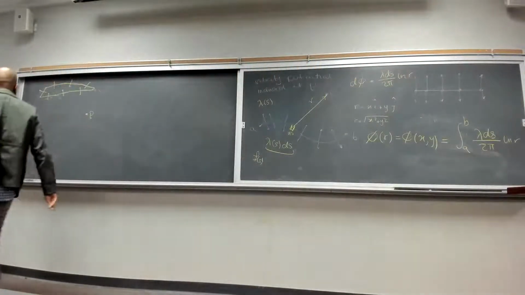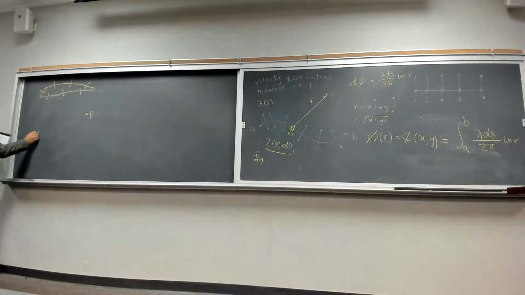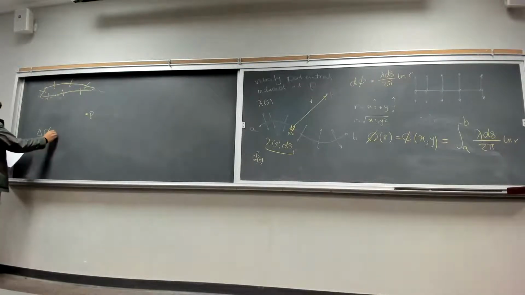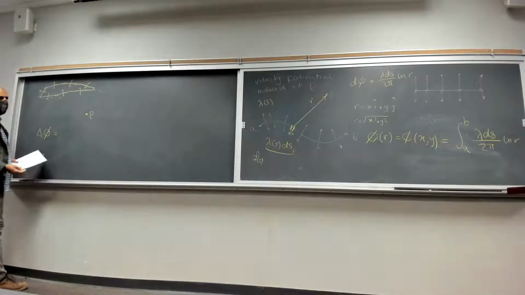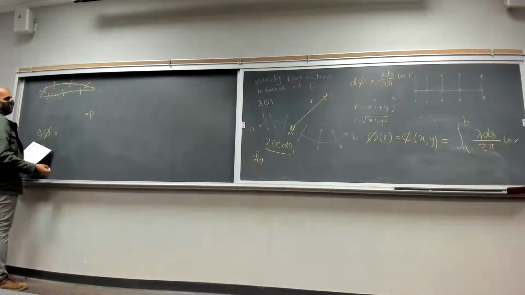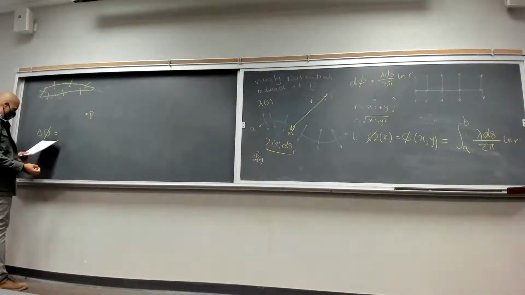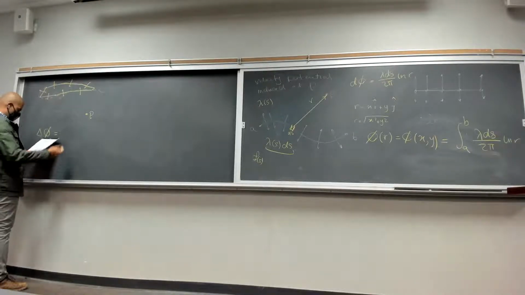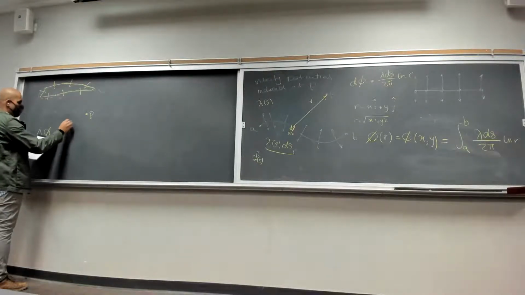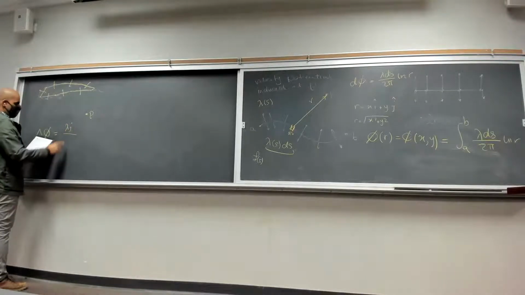But now that we have moved on to panels, we are going to deal with delta phi, which is going to be equal to lambda of each panel, lambda of j.